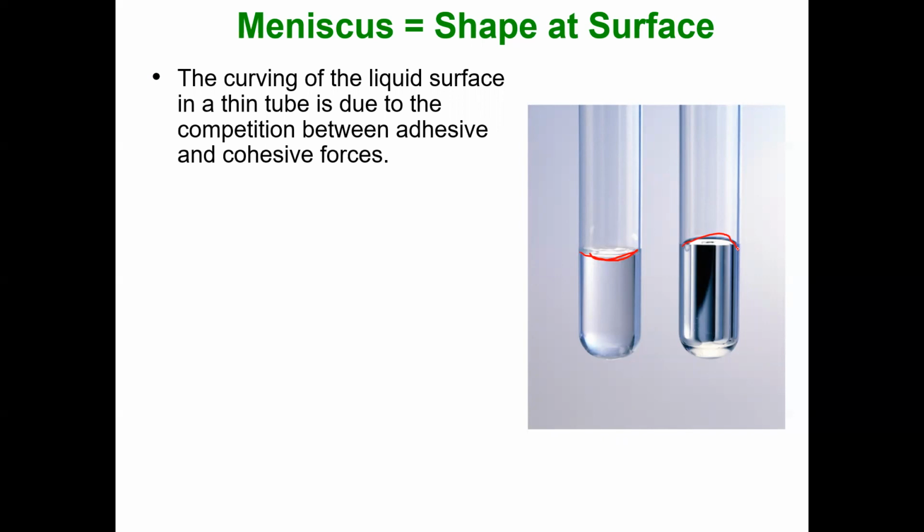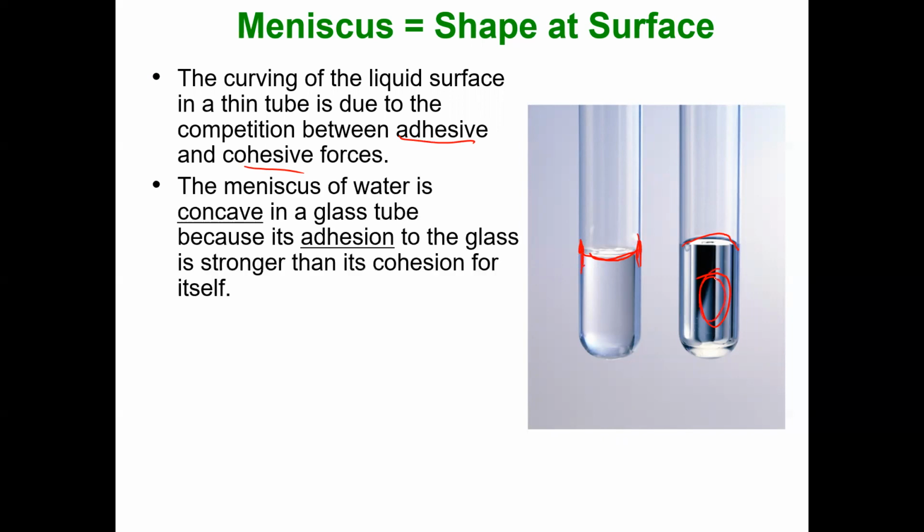It goes to the battle between adhesive and cohesive forces, which is, am I more attracted to the liquid or am I attracted to the surface of the container? So adhesive versus cohesive. So the meniscus of water is concave, so you can think of this as caving in, and its adhesion to the glass is actually stronger than the cohesion of itself.